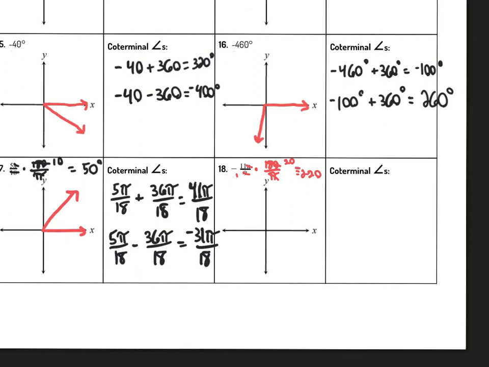Becomes negative 220 degrees. Well, negative 180 degrees would be the x-axis, so we need negative 220, which is an additional 40 degrees from that. Let's call it right here.